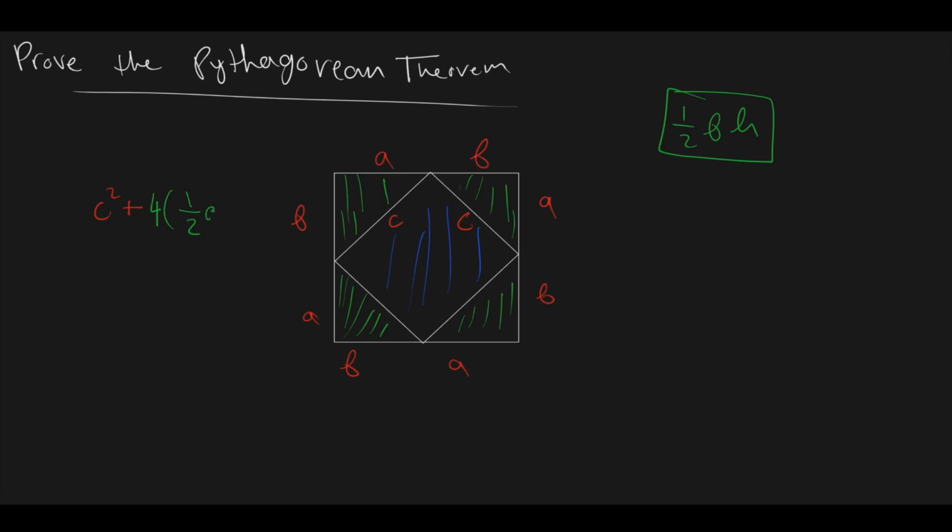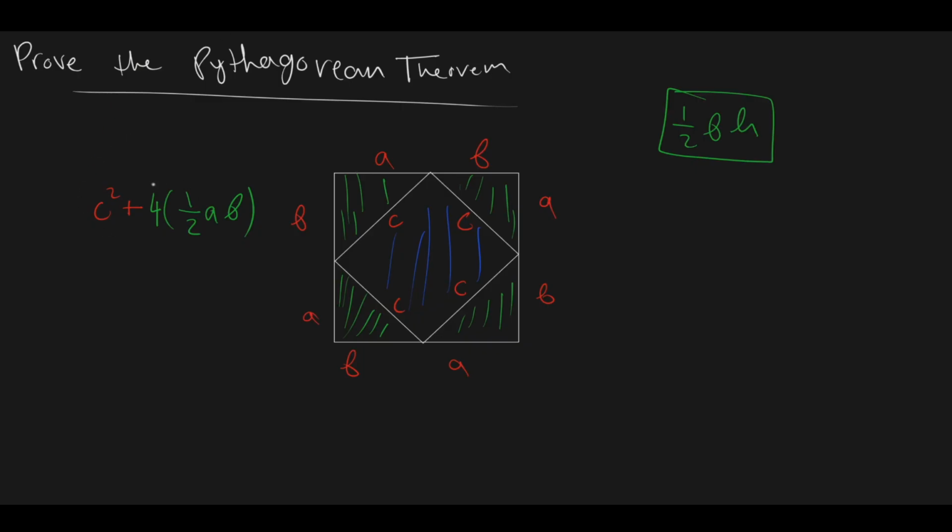Half times A times B. These four triangles are equal because they have the same sides and the same hypotenuse as well. So they all have A, B, and C. That's why they are exactly equal in area.